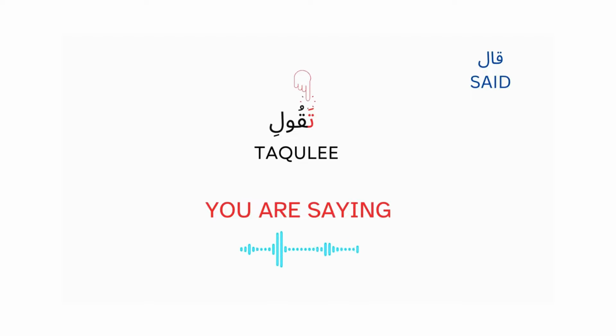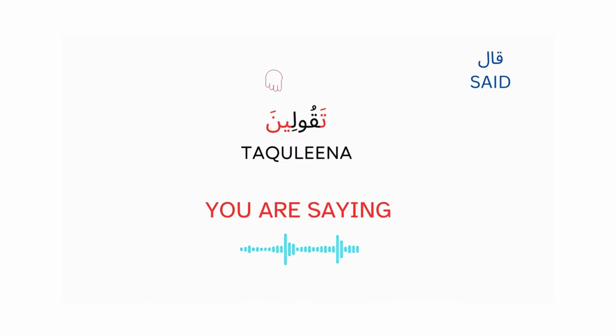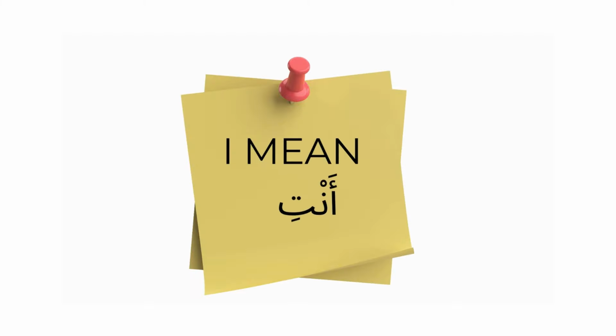So we end up with the verb تقولي. Then we add ya noon at the end of the verb. And finally, we have the verb تقولين, أنتِ تقولين, which means you are saying. And that's how you conjugate the verb قال with the pronoun أنتِ in the present tense.